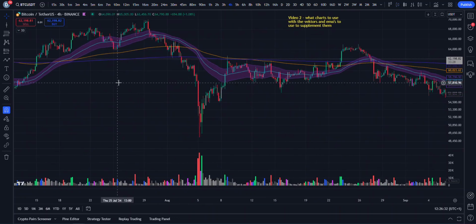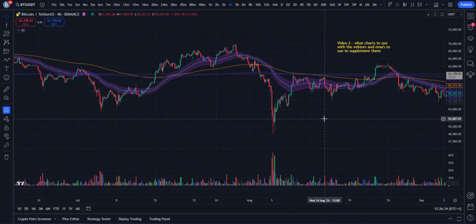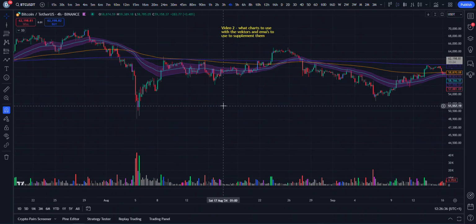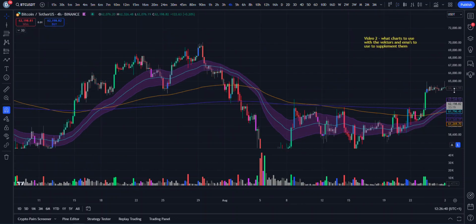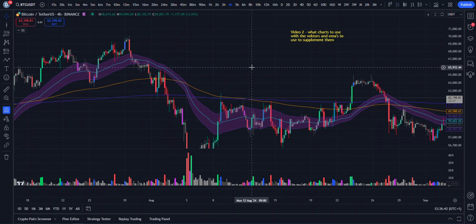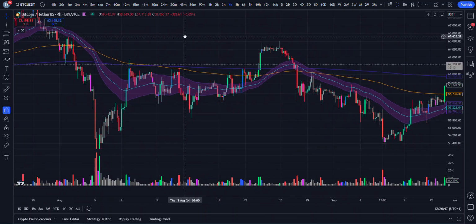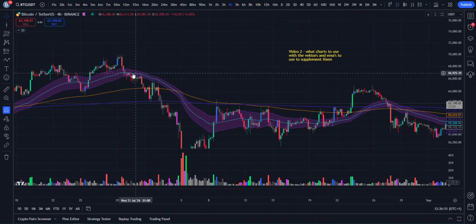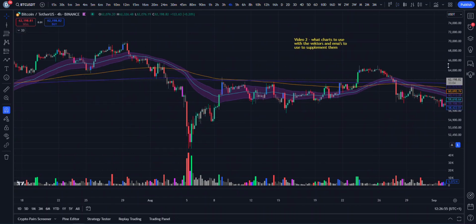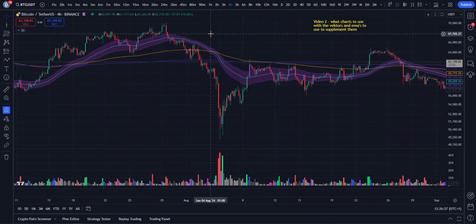So on the 4 hour, we've got 2 recent instances where price was above, and what you could do is look for an M or a W. Sometimes you don't get that, sometimes you get what's known as a vector formation, which I'll explain, but generally what you need to be looking for when price is above is an M formation.